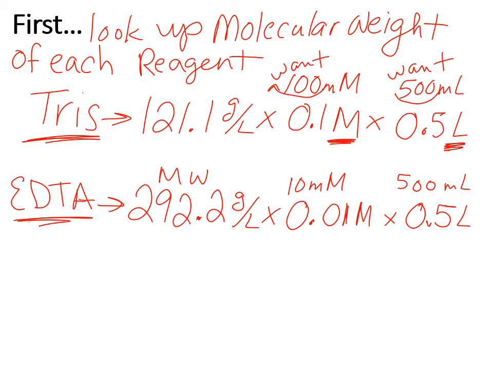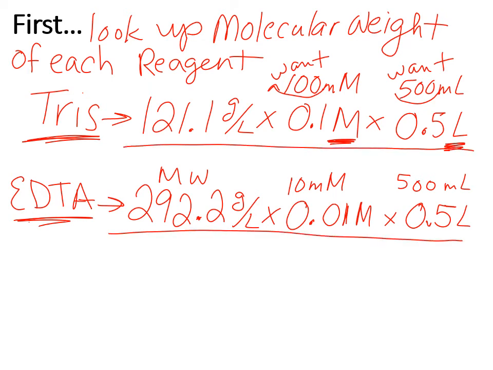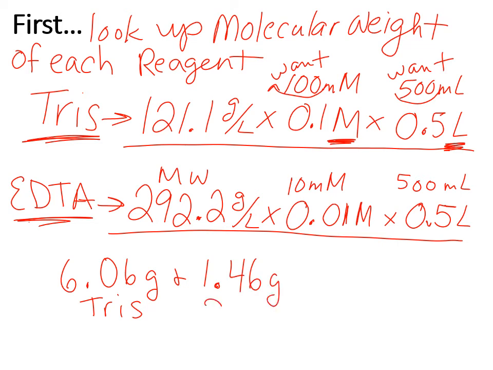Now, when you do that, you would figure out that to ultimately make that 10x stock, when you multiply all of these out, it equals 6.06 grams of tris and 1.46 grams of EDTA. Okay, so the way I got 6.06 grams of tris was multiplying 121.1 times 0.1 times 0.5.